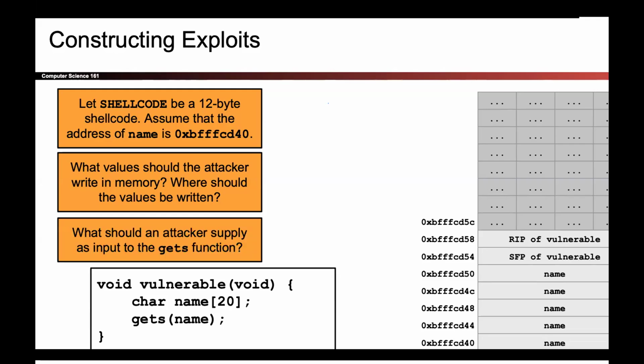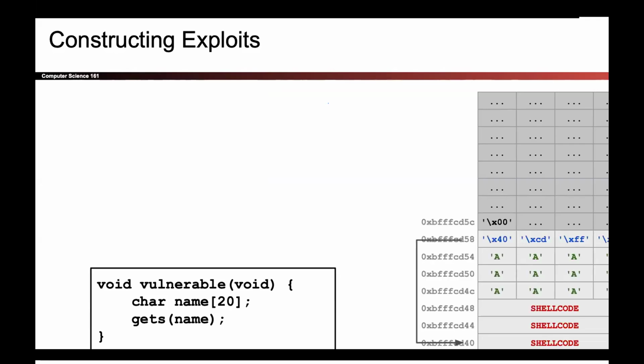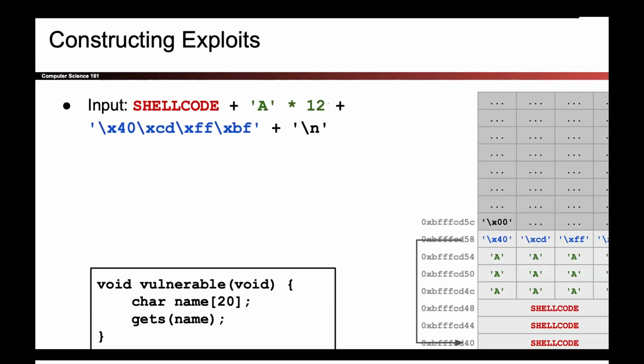So then what an attacker would do is, as input to gets, provide 12 bytes for the shellcode to get the beginning of name to be overwritten with the shellcode. And then they would provide some more padding, arbitrary bytes, spaces, or anything, could be anything. I'll say A's in this example.